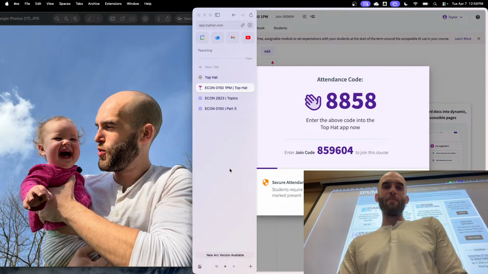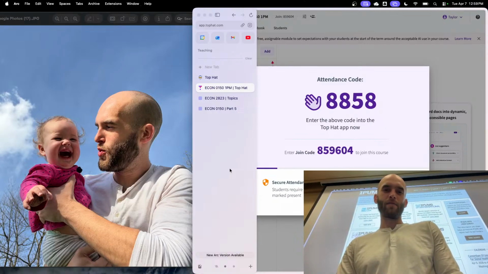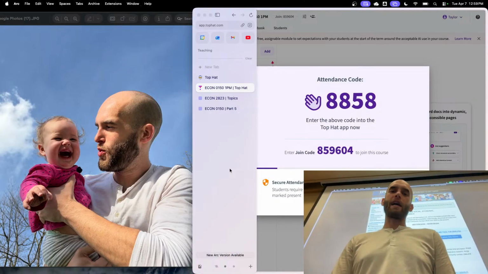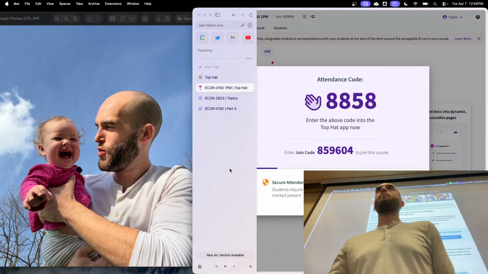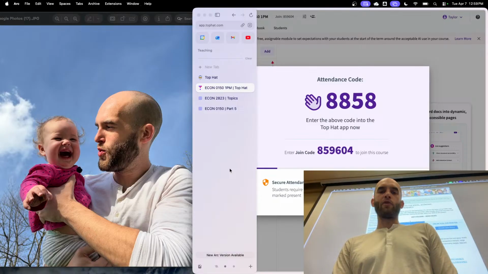IPUMS stands for, let's see, Integrated Public Use Microdata. I don't remember what the S stands for, Microdata Service. But this just collects essentially census records, and it gives us lots of information about this.